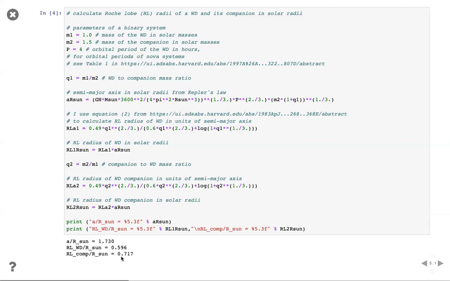This means the companion definitely fills its Roche lobe, because a main sequence star with mass 1.5 definitely has a radius above 0.7 solar radii. This ratio also gives the orbital separation of the white dwarf and companion, the semi-major axis, which is 1.7 solar radii for this orbital period. So this is a relatively close binary system. You can change parameters and do these calculations.